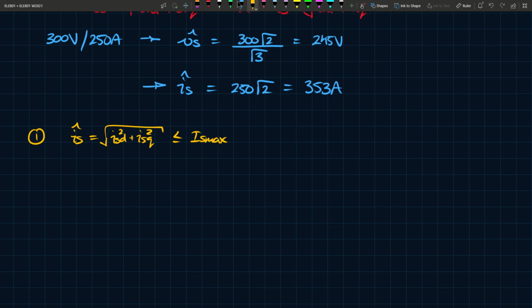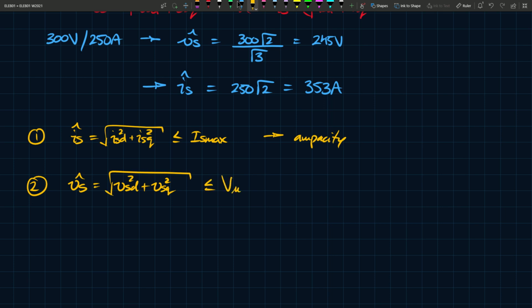We can call this the ampacity limit, how much current the thing can supply or hold or carry, or whatever you want to call it. The second limit is on the voltage. The voltage would have a similar limit: VSD squared plus VSQ squared has to be less than or equal to V max.